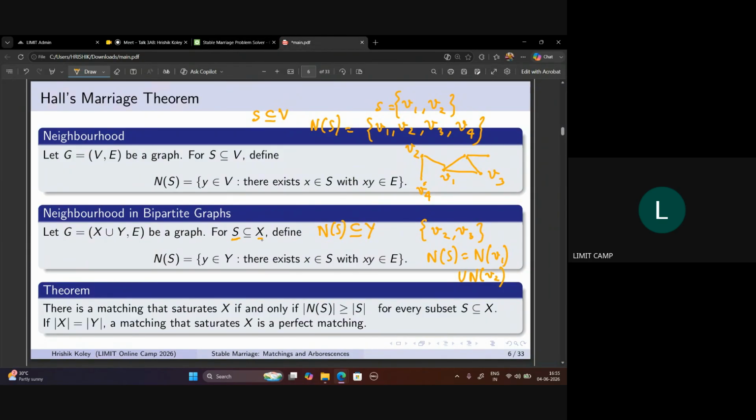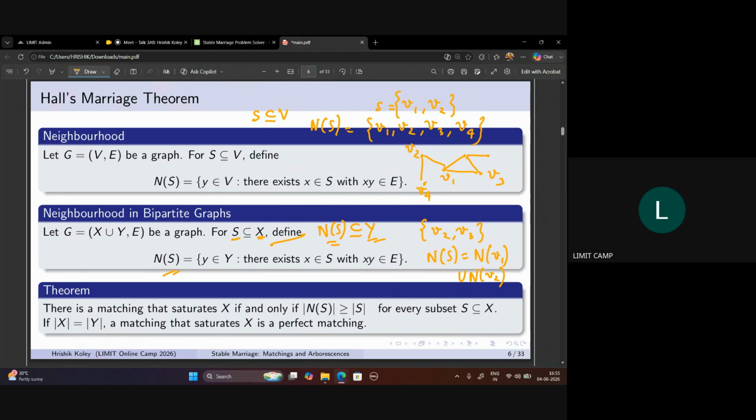So if S is a subset of X, then the neighborhood of S should be a subset of Y, because there cannot be any edges between vertices of X. The vertices of X are strictly connected to the vertices of Y. So for every vertex, let's say X1 in S, it can only be connected to some Yi, Yj, Yk in Y, and those will belong to its neighborhood. No X, let's say L, can belong to the neighborhood of S.